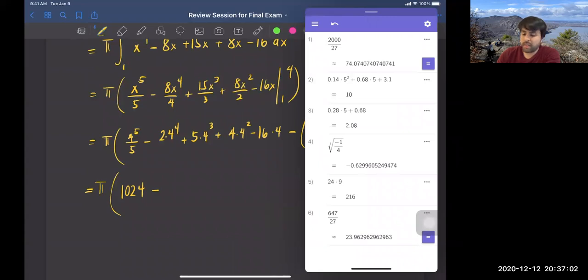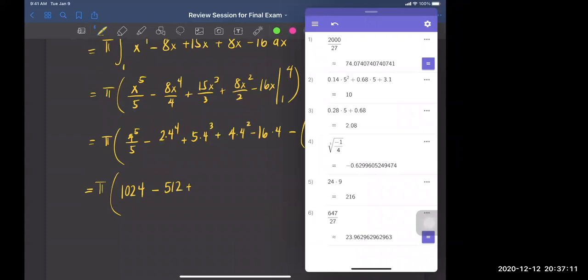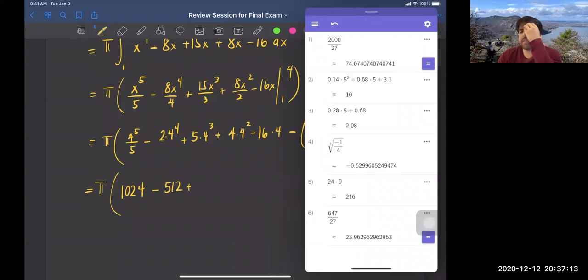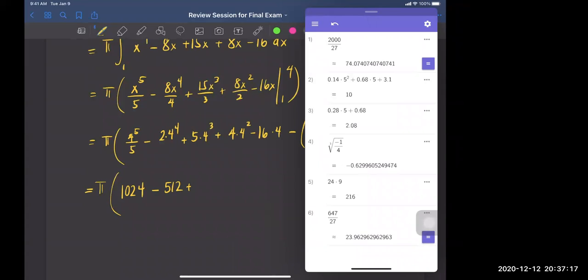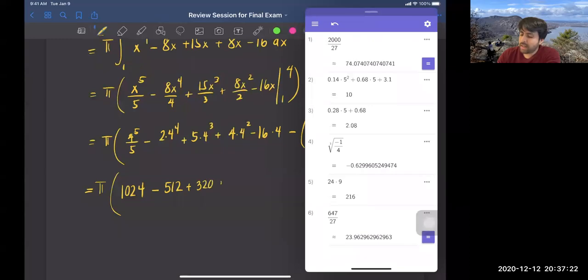This is 256 times 2. 256 times 2 is 512, right? Yeah. Plus, and then 4 cubed, 64 times 5 is 320. And then this is 64 again. Great.